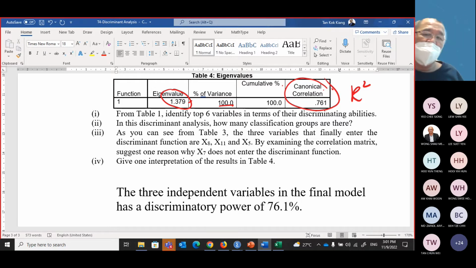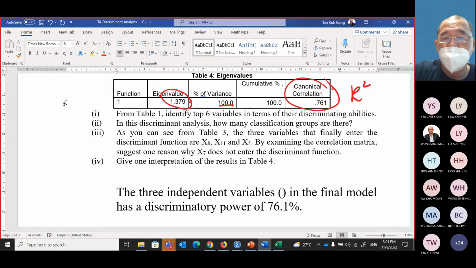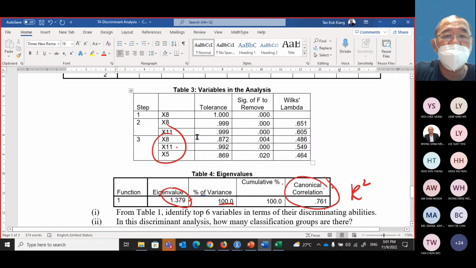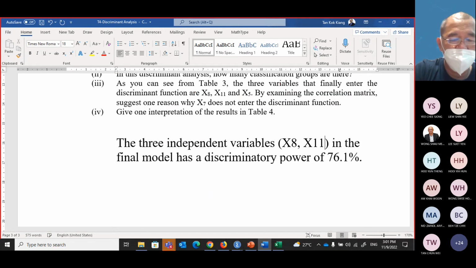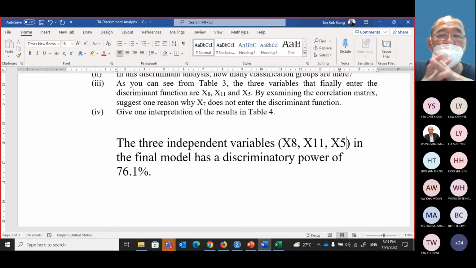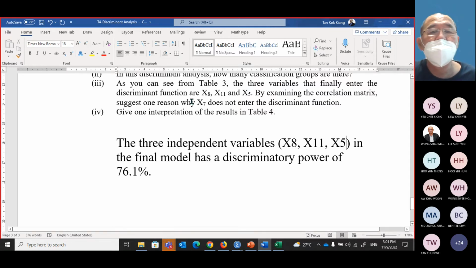Therefore, this is quite similar if asked. Because we already discussed it, we may still ask in the test or exam. Of course, if you want to make it clear, you may mention also here 8, 11, 5. Like this, already very good.